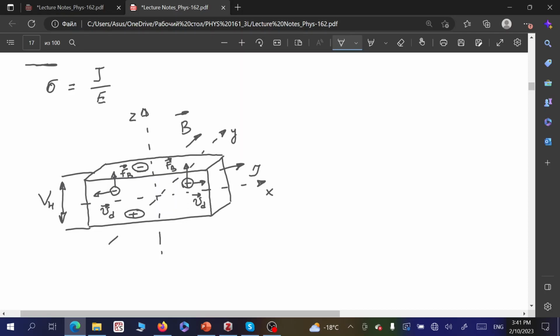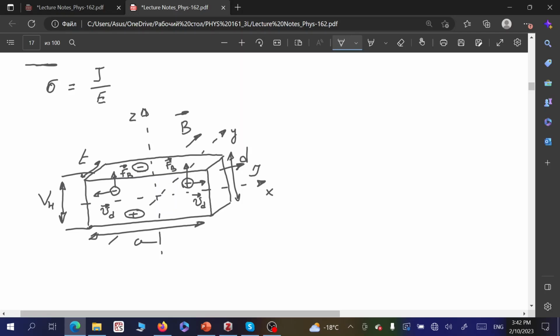And now if we add here the length and width of the sample, so this will be, let's say, A, this will be thickness T, and this will be D, the height of the sample.